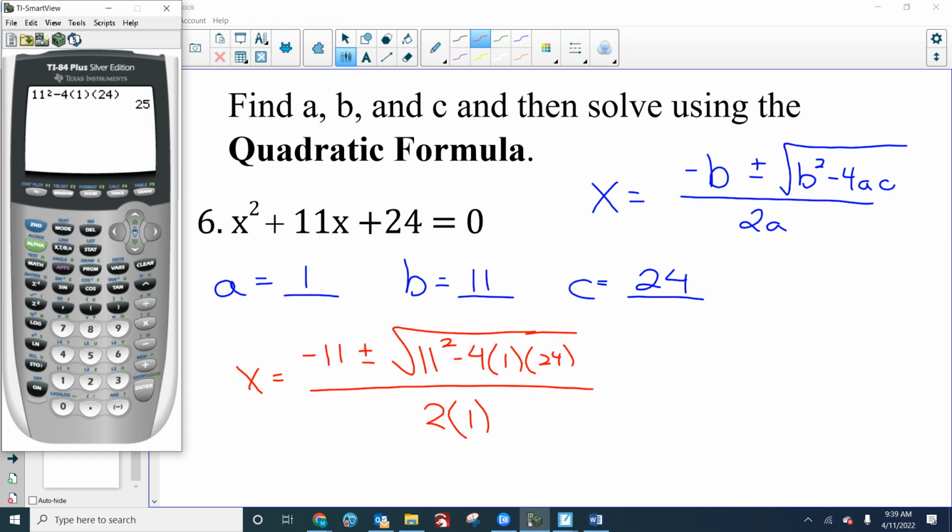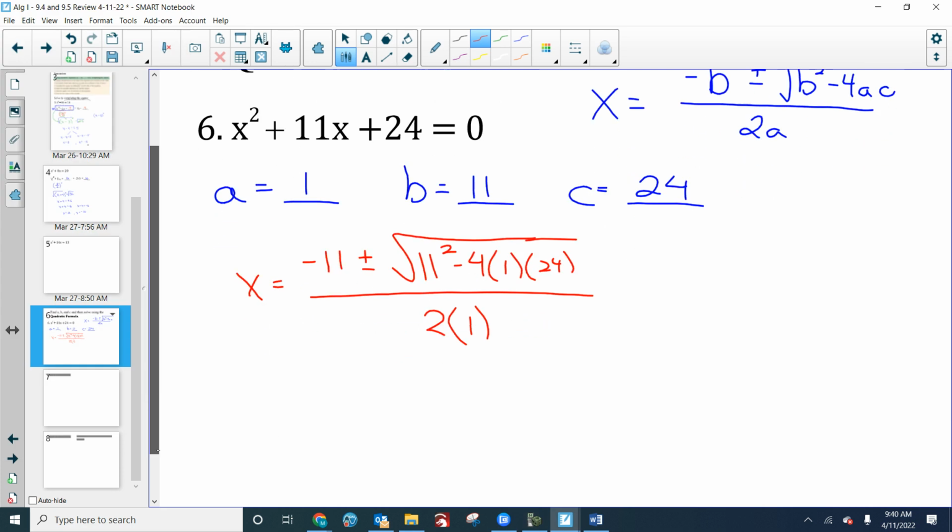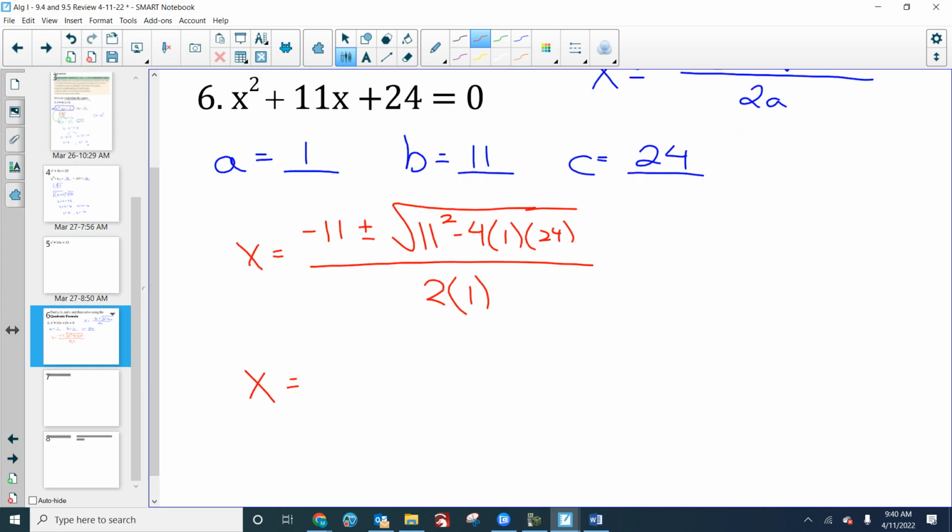So, what's 11 squared? 121. 4 times 1 times 24 is 96. 121 minus 96. I would double check in my calculator, but I'm also doing it in my head. And it's 25. So what goes under the square root? 25. X equals negative 11 plus or minus the square root of 25, over 2.